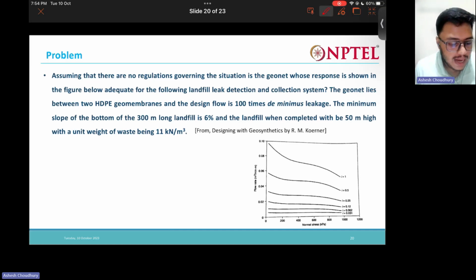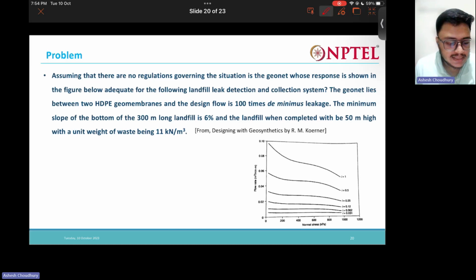The primary or the upper geomembrane of a hazardous waste facility should allow no more than de minimis leakage of all polluting species through the liner itself. The concept of de minimis comes from the legal principle de minimis non curat lex. De minimis leakage is considered to be the amount that is of no threat to human health or the environment.